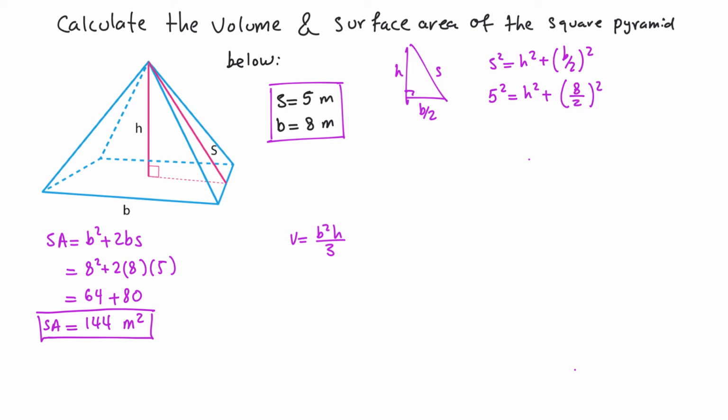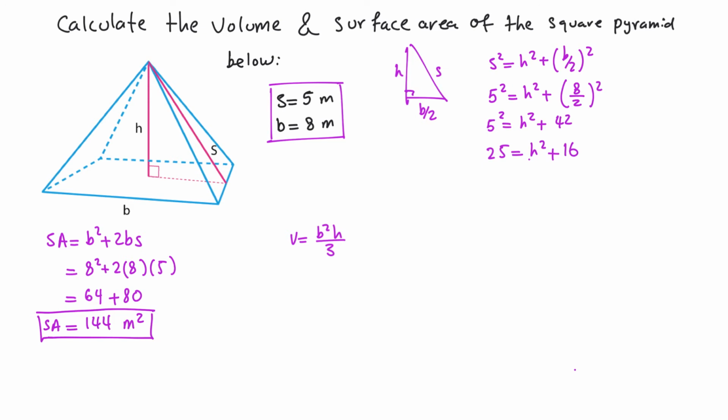I have 8 over 2 here, so I will get 5 squared is equal to H squared plus 8 divided by 2, which is 4 squared. And then the next step of BEDMAS is exponents. So 5 squared is 25, which is equal to H squared plus 4 squared, which is 16.